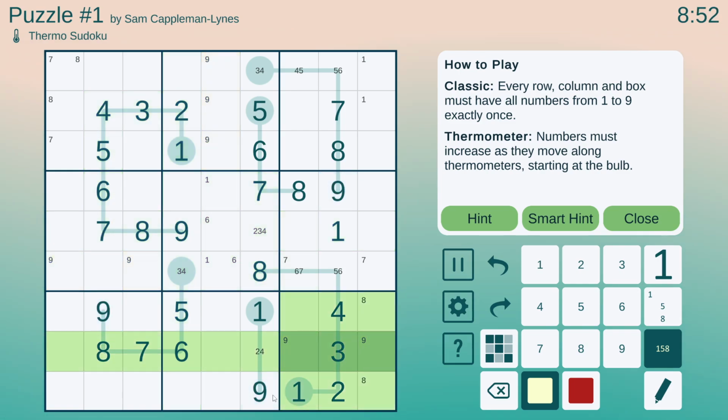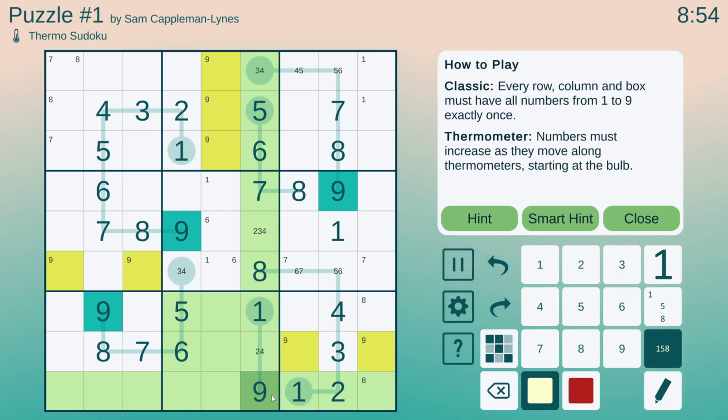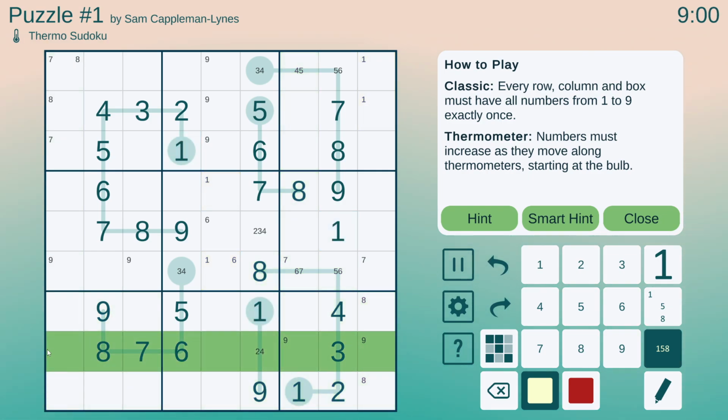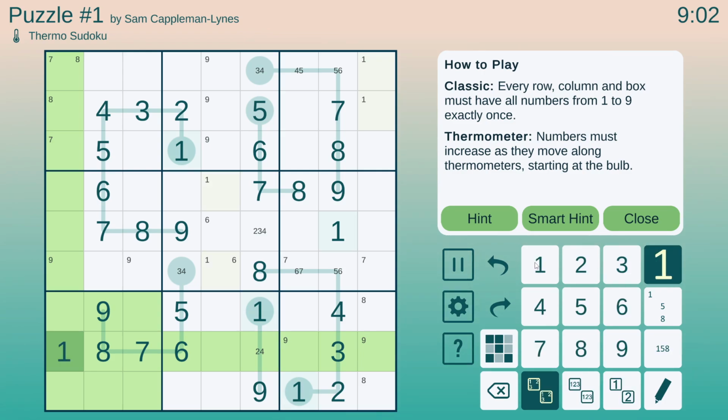Nine. Oh, 9 is restricted to those two spots. What about 1? 1 in this row has got to go there. Okay. And now we're missing 9, 2, and 4.